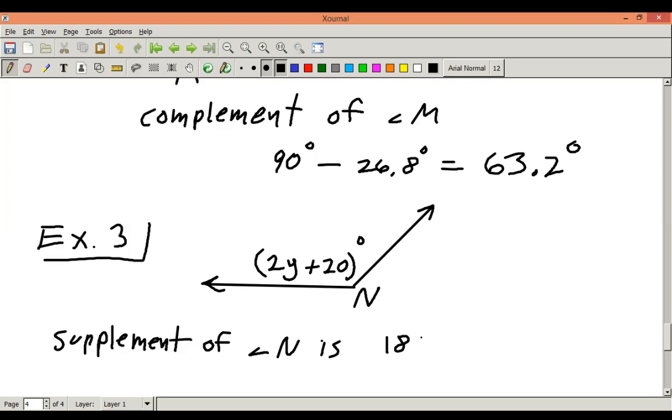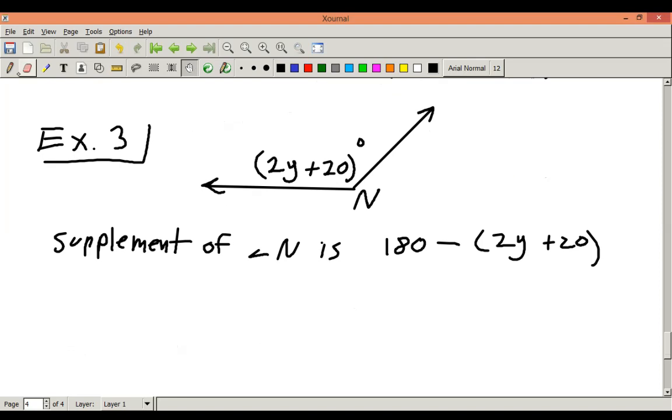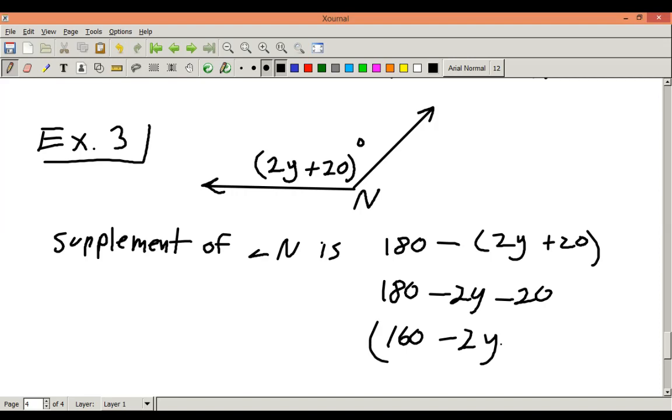So 180 minus (2y plus 20). And then you're going to just simplify that. So distribute your negative sign. So 180 minus 2y minus 20. So 160 minus 2y degrees. That'll be the supplement of angle N. And notice it's not a number, and you can't give a number because you don't know what N is. Actually, it's y, isn't it? Yeah, you don't know what y is, so therefore you can't calculate the measure of angle N.